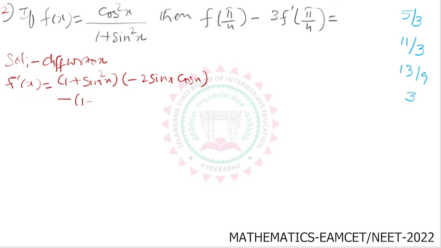here I will do one thing before differentiating. This cos square x can also be written as 1 minus sin square x, so f(x) can be written as (1 minus sin square x) divided by (1 plus sin square x). Okay.